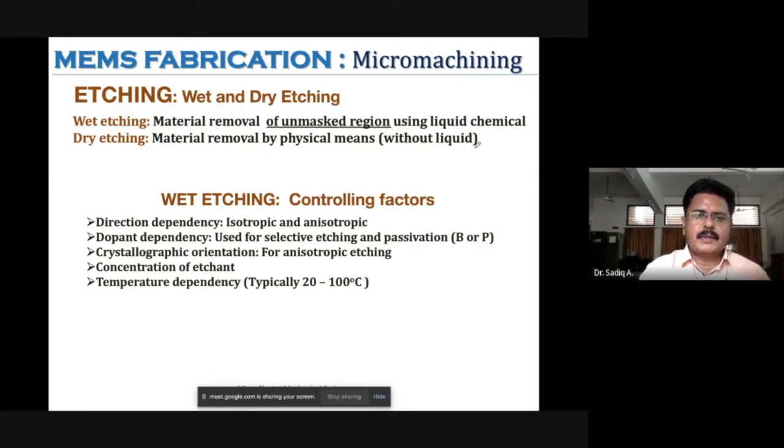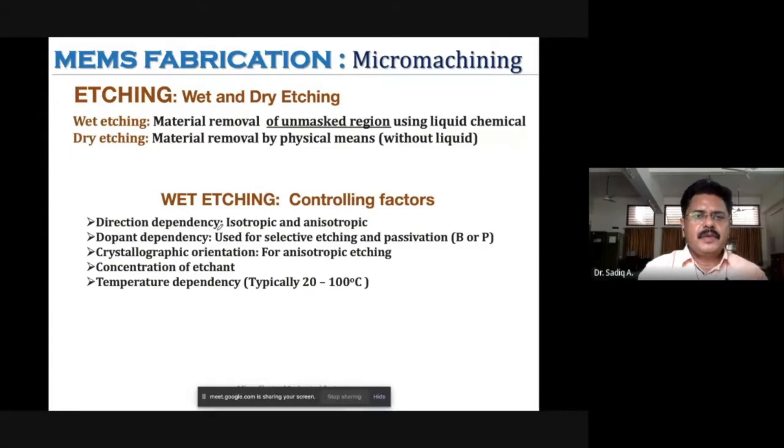Now you have to write a question: what are the factors that control the wet etching process? I am going to address that question here. For wet etching, the controlling factors are, one, direction dependency.